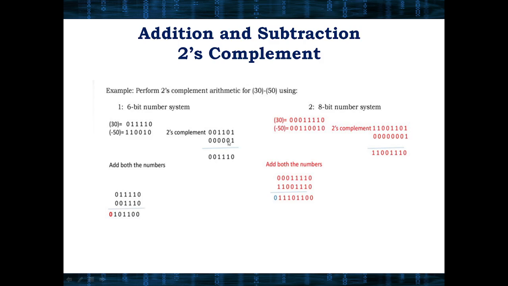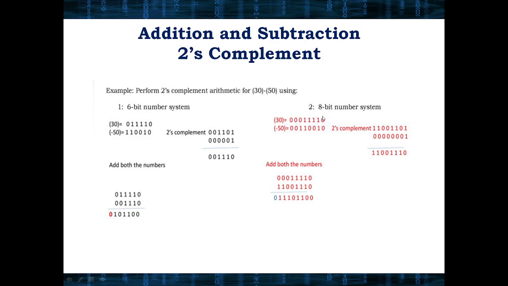Next you take the same value and represent it in an 8-bit number system. Same here, you have to add 2 more zeros because your MSB value is 0 and you are extending the sign bit. Whatever value is there, that many bits you have to add to make it 8-bit.